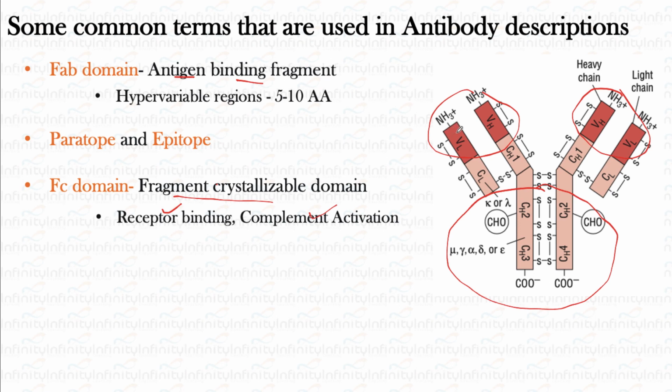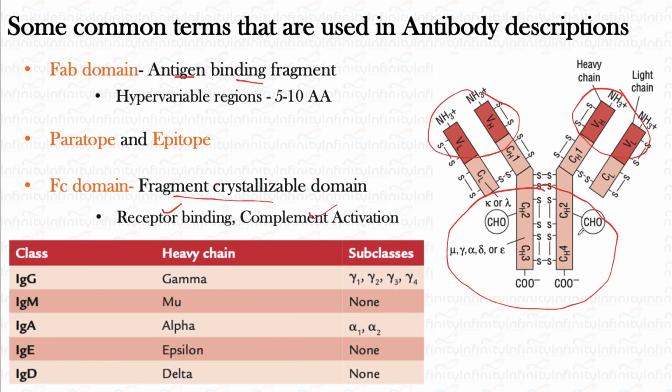That's why you've seen a lot of drugs are actually just the Fab fragments, because there is no need for this region, so only this much region is required. So that is known as a Fab fragment of an antibody. Now, depending on the different kinds of Fc domains, we have categorized antibodies into 5 different categories, and they are IgG, IgM, IgA, IgE, and IgD.